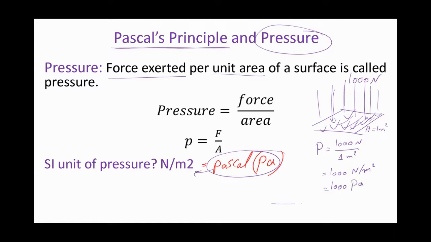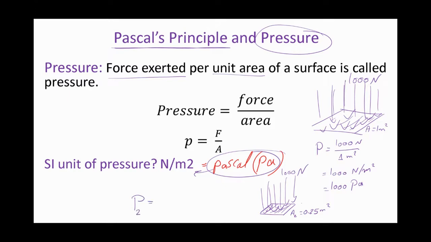What if you decrease the surface? Let's say I take another surface of an area 0.25, a quarter of a square meter. And then I apply the same force on the surface, 1,000 Newton. So now what is the pressure?